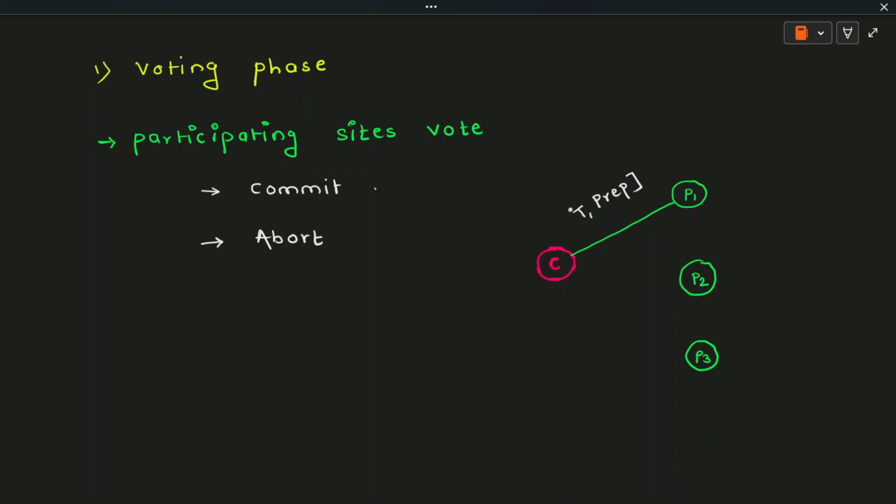This message will be sent by the coordinator site to all the participating sites. With the help of this T prepare message, the coordinator site will try to check whether participating sites are ready to commit the transaction. If P1, P2, P3 sites are ready for committing the transaction, then they will send the message T ready to the coordinator site.